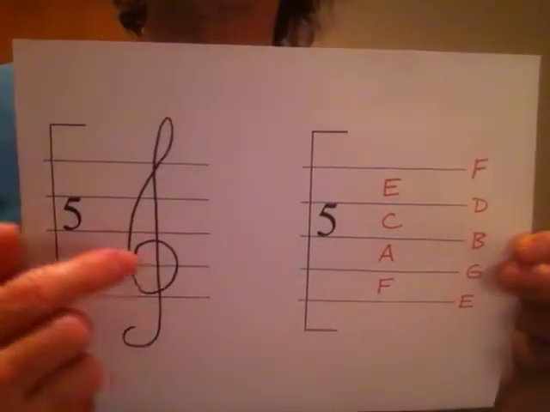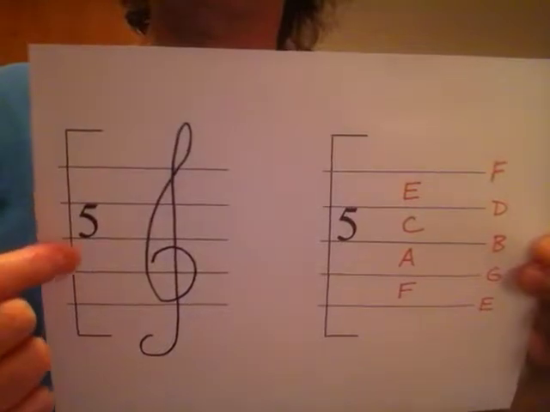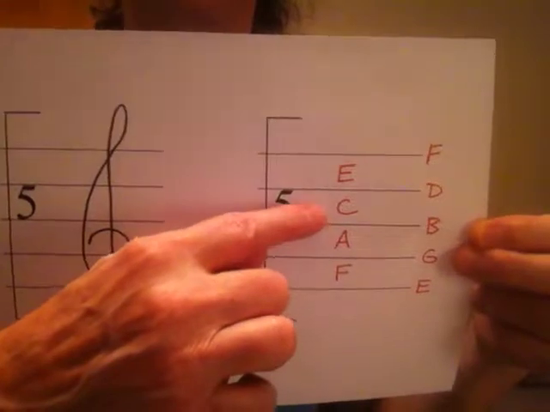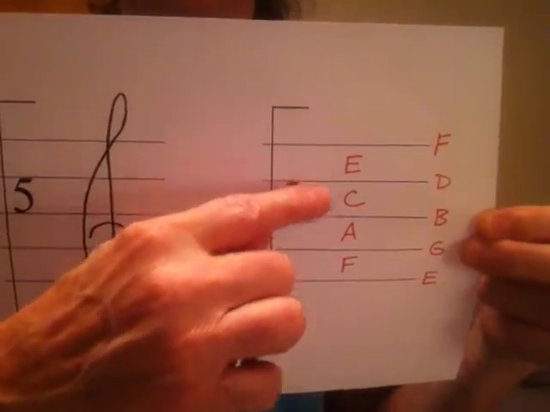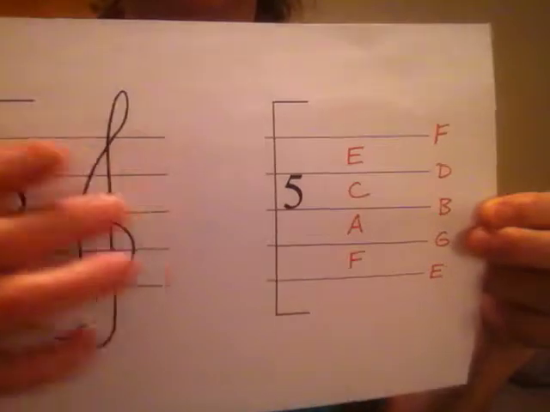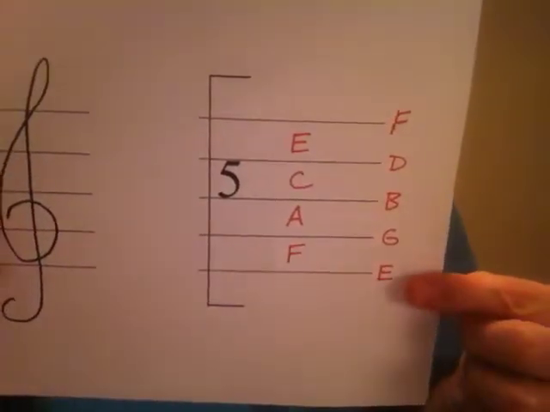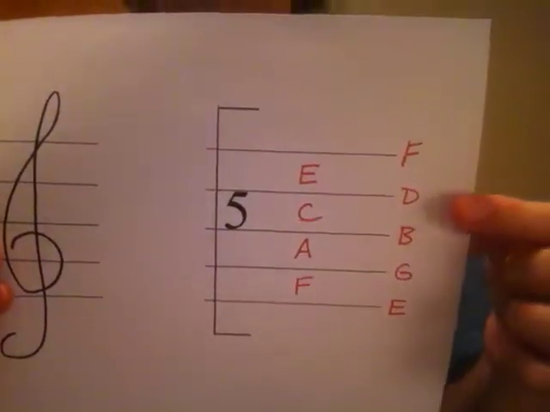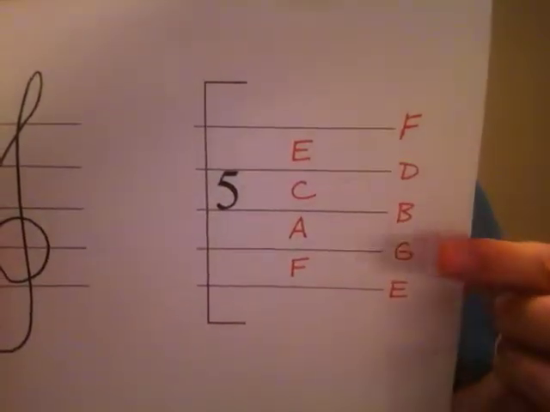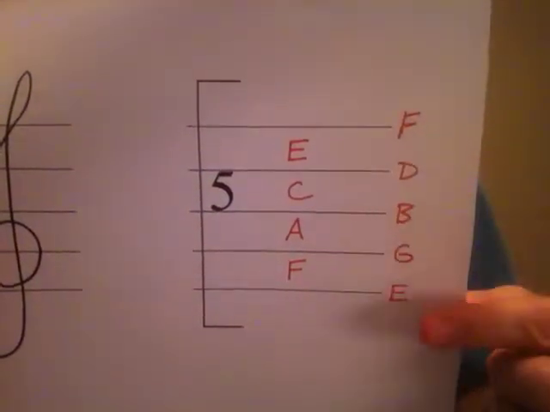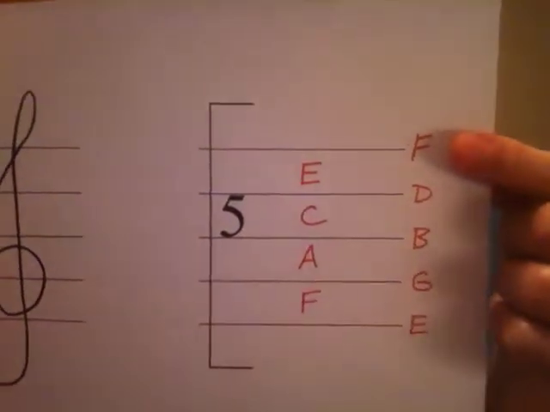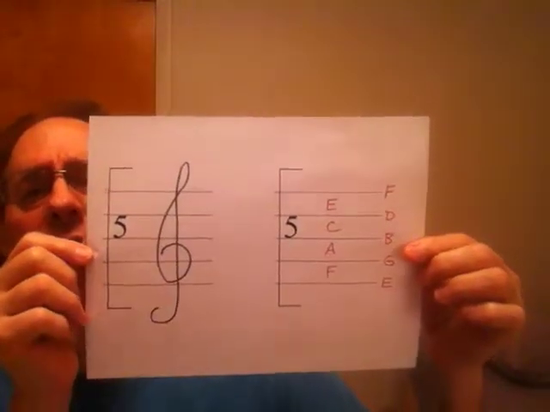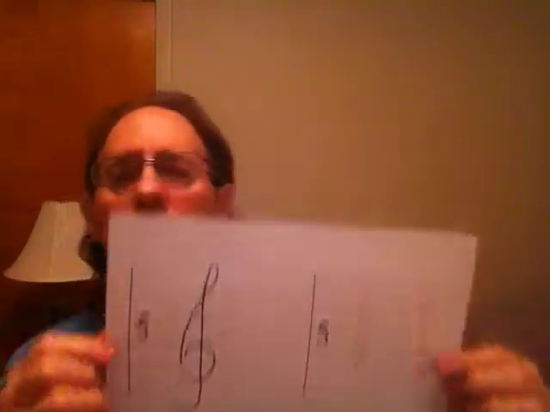For example, with either one of these clefs, the new one or the old one, you could use the word face to help you remember which notes fall in these spaces, F-A-C-E, or you could use these letters for the lines: every good boy deserves fudge, or every good boy detonates fireworks, or every good boy dissects frogs, whatever you want to call it. So now you can place notes on that staff, and you can know what those notes are.